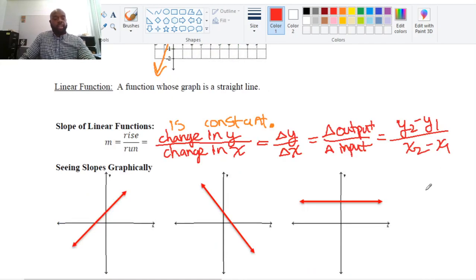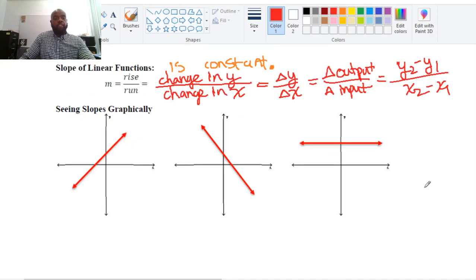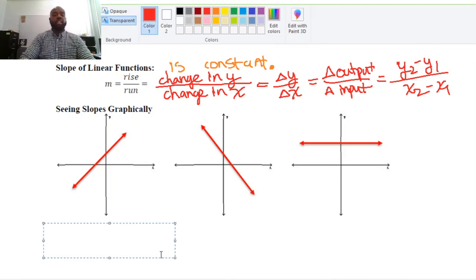There are ways that we can see or describe slopes of linear functions. I have 2 graphs here. In each of these cases, our linear function is behaving in a certain manner, right? So if I look at this function here, our linear function rises from left to right. Another word for that is that it increases.